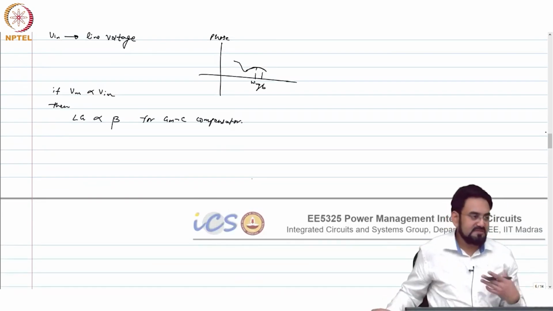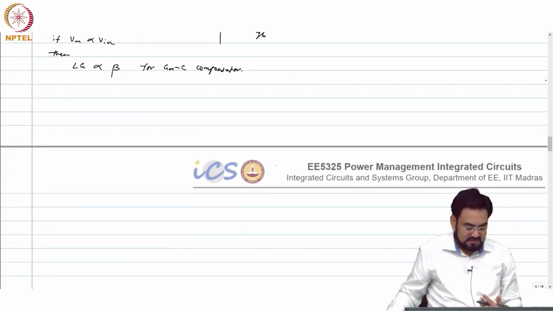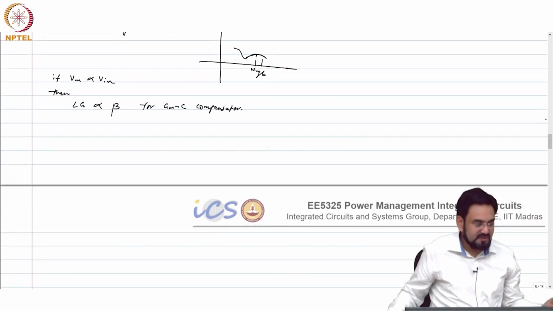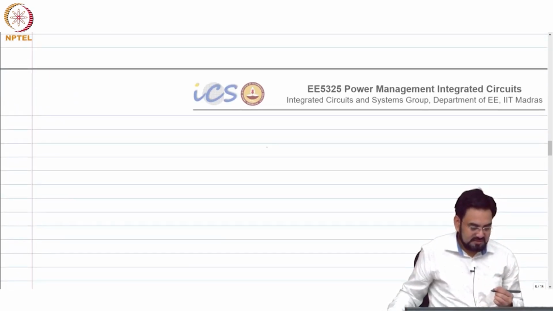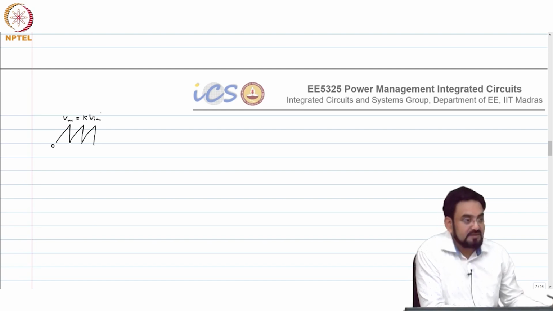And beta will only change if you change the output voltage, otherwise beta will not change. So for a fixed output voltage, you will not see any variation when your input supply is changing. So let us see how you do it. The ramp goes from zero to Vm, and let us say Vm equals some k times V in.